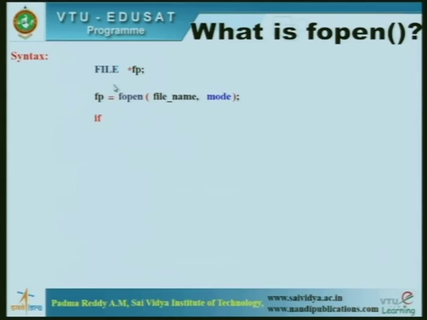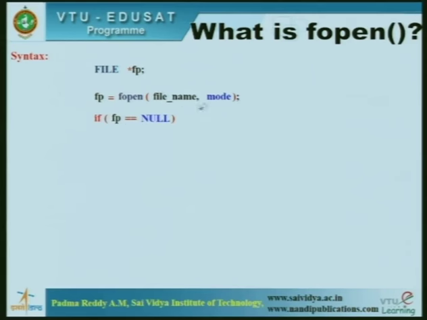Now, once the file is opened, if the file is already existing, a pointer to that file is returned. Otherwise, if you try to open a file which is not present, the function fopen returns null. So here we check if fp equal to null. What is the meaning?